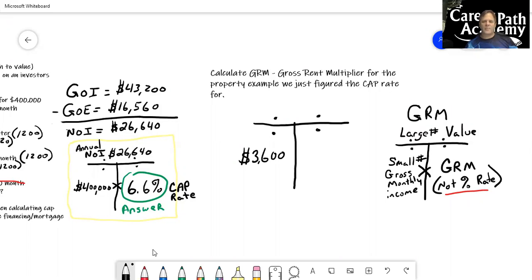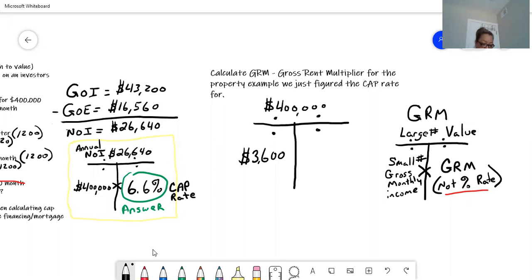The value of the property, right? 400,000 on the top. It goes up top. So 400,000 divided by 3,600, and what do you get? Hold on, I don't have a calculator. All right, open up your calculators. I was relying on you guys. I didn't open up mine. Actually, let me open up my cell phone.